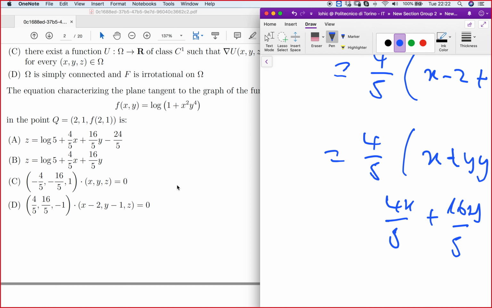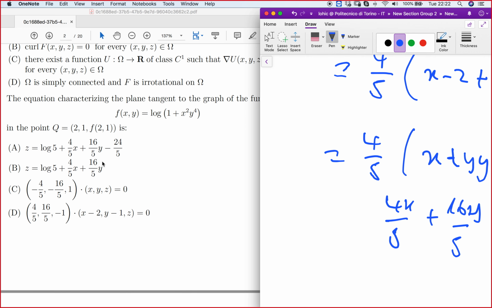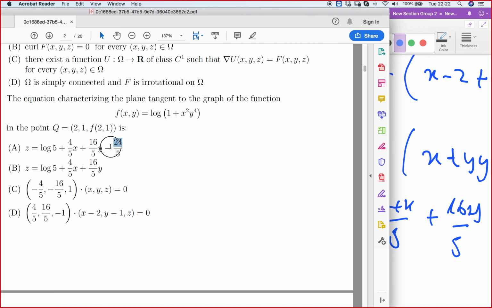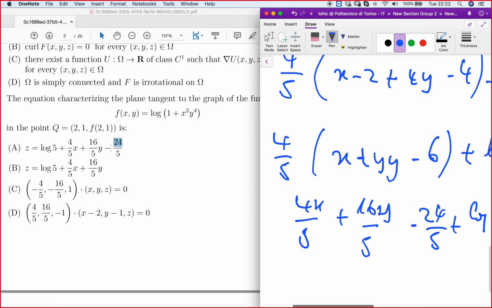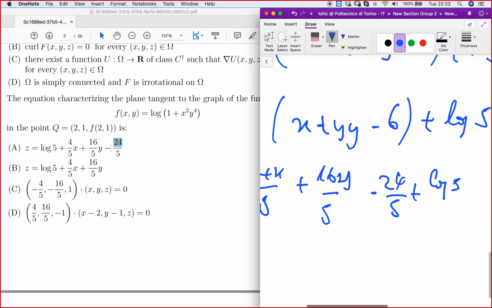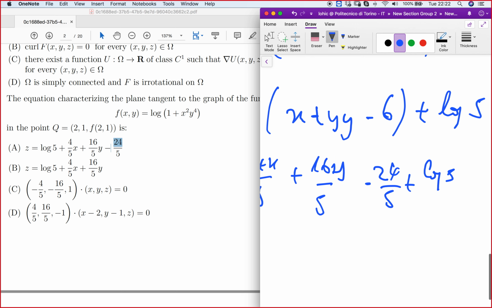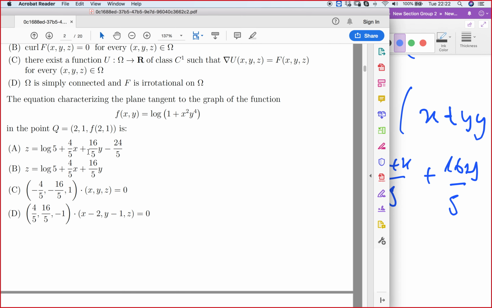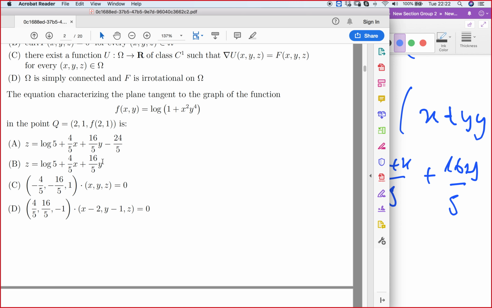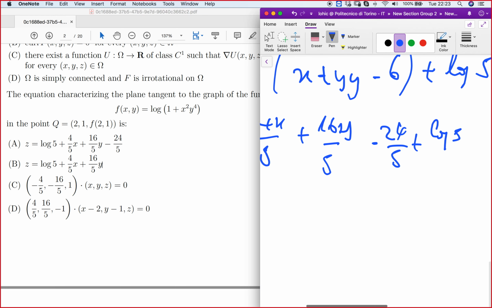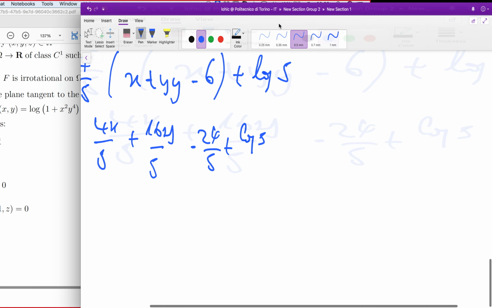But do we have it? Isn't it A? Yes, it is A. The answer is A. So the answer is 7A.